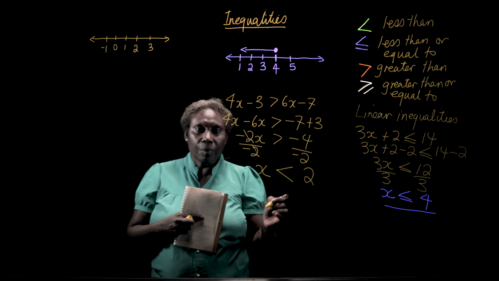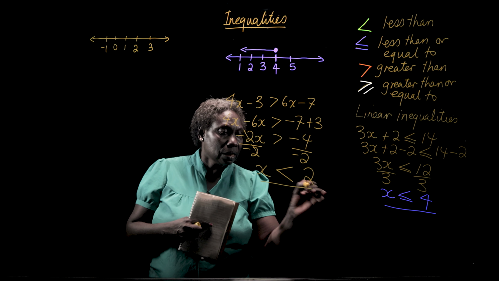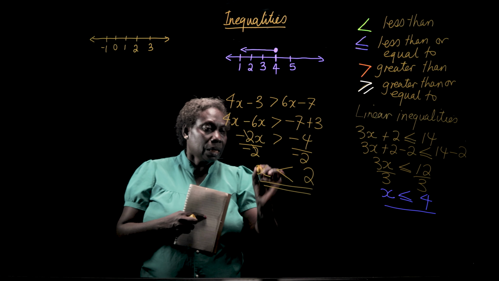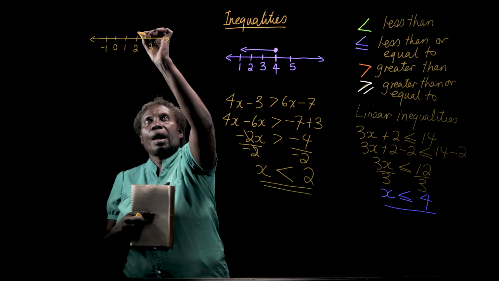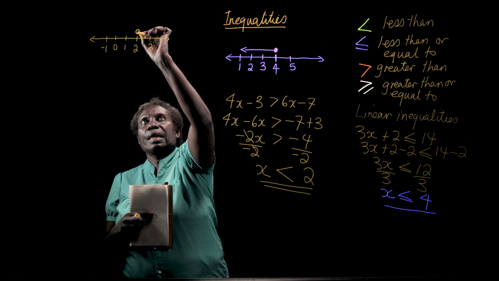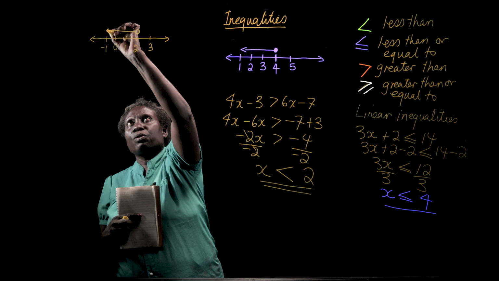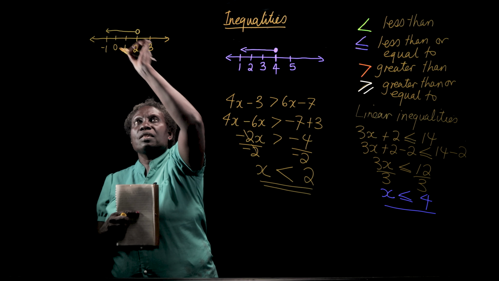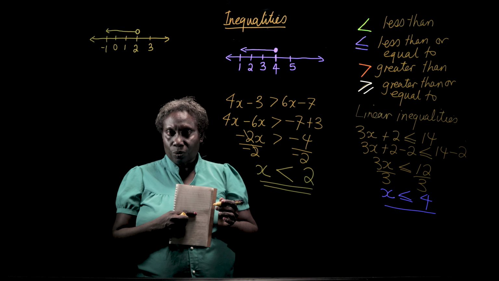But this time, 2 is not included because our solution is x is less than 2. So I am going to put an unshaded dot here, and I'll draw an arrow to the left side of 2. This means that x is less than 2.